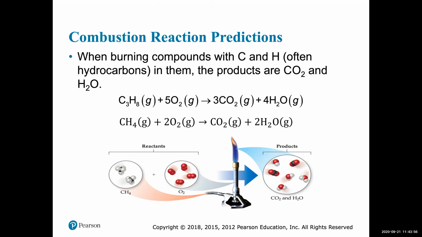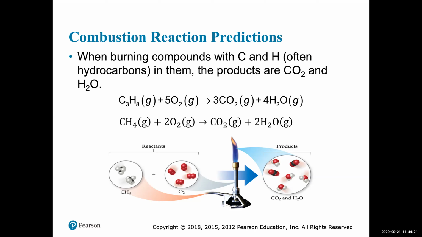Once again, if we wanted to check if these were balanced, we would go back like in the first one, and we would say 3 carbons on the left, 3 carbons on the right because of the coefficient on the CO2 molecule. We'd look at hydrogen. We have 8 hydrogens on the left. We have hydrogens on the right from water, 2 times 4 is 8, so that balances. And then finally oxygen.